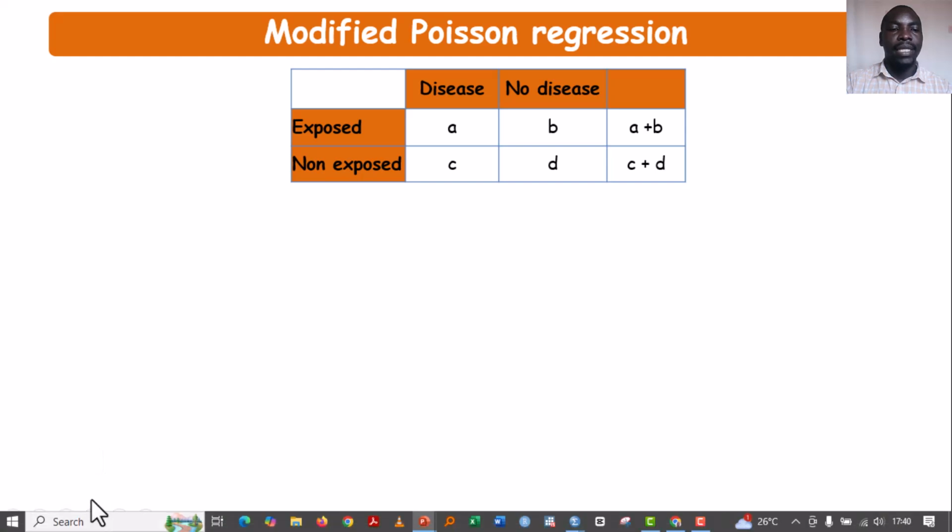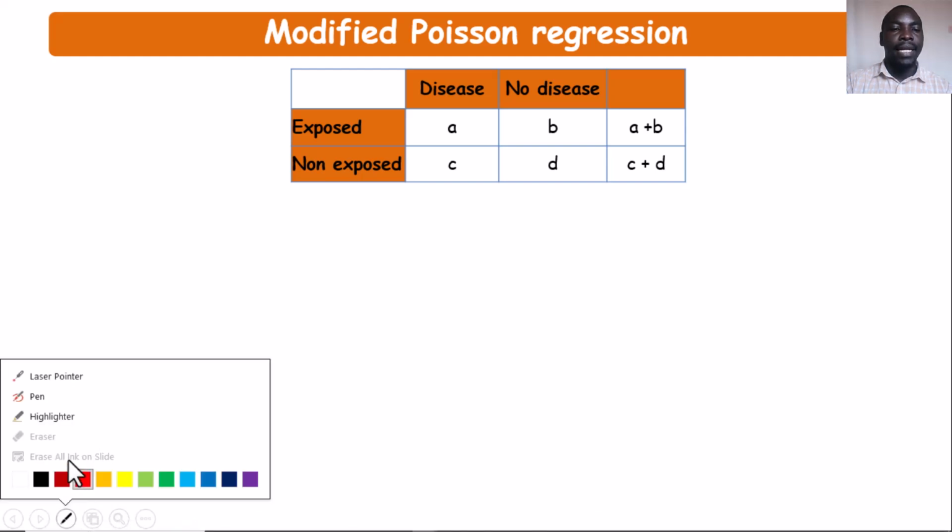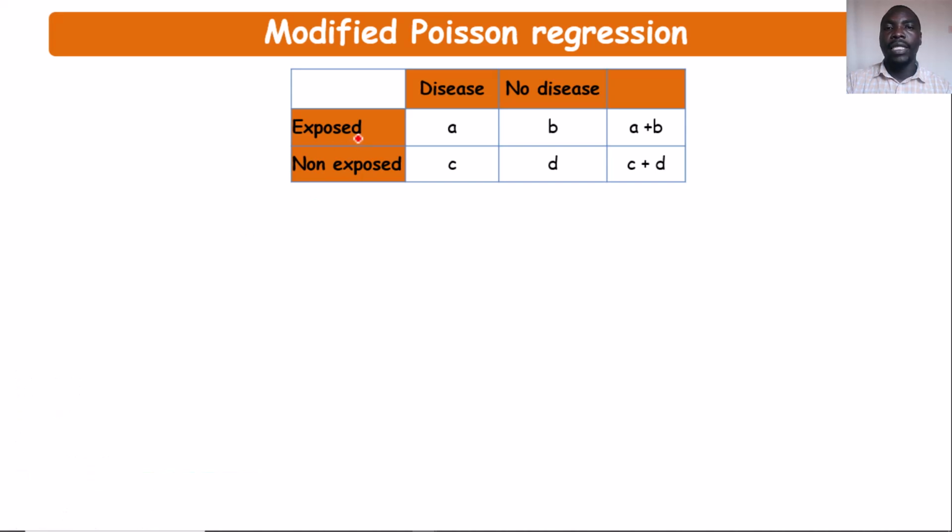do not have disease, versus an exposure status, whether they are exposed or not exposed. This is a very common table in epidemiological studies, and here, if you have such a kind of table, A represents people who are exposed and got the disease, B represents those exposed but didn't get the disease.